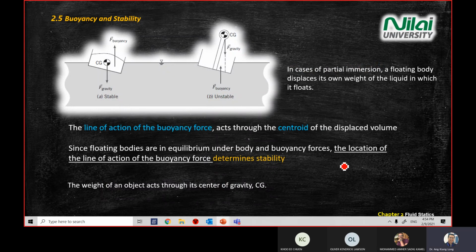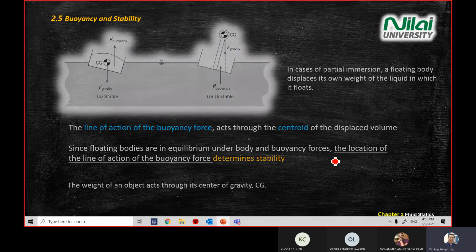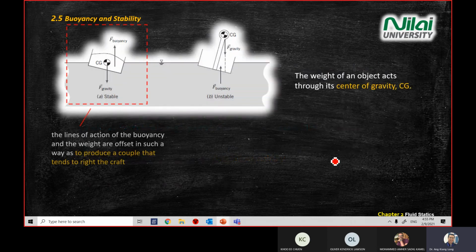In short, be careful about the location of the CG and the line of action of the buoyancy force, which determine the stability. So this explains it, nothing complex here. CG will be about mass.